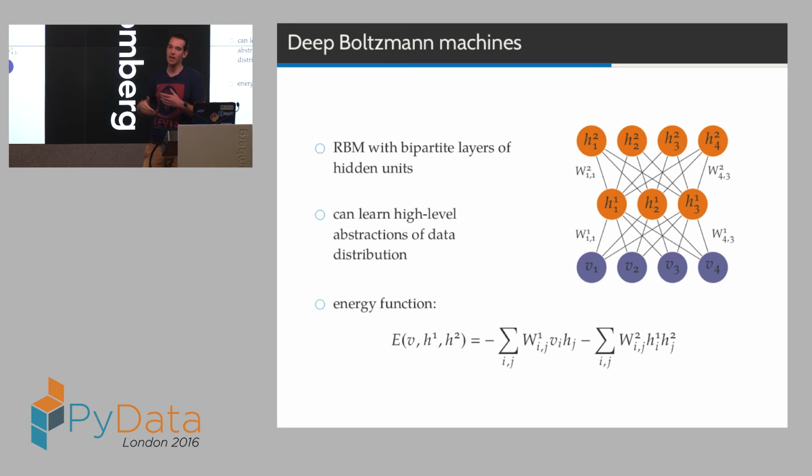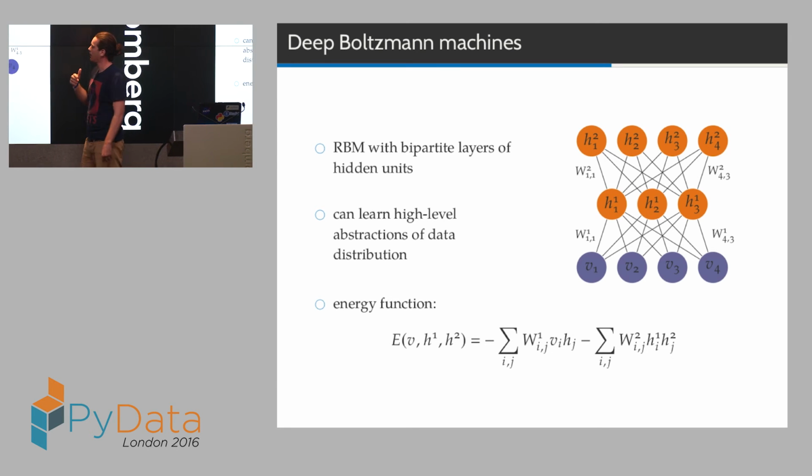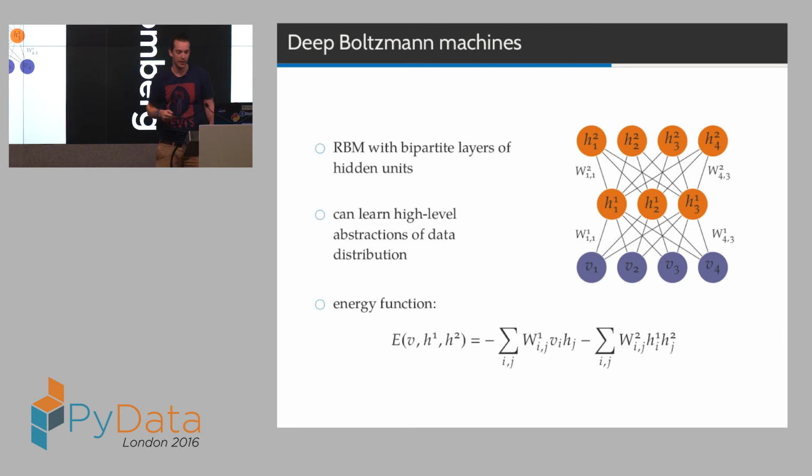And so you're able to learn high dimensional or really complicated representations of your data. As before, you have an energy function, and each of these edges is parameterized by a weight. All you're basically trying to do is learn these weights. And again, as before, we proceed via maximum likelihood.